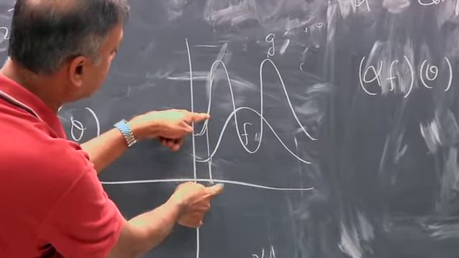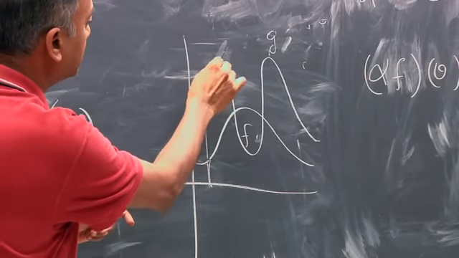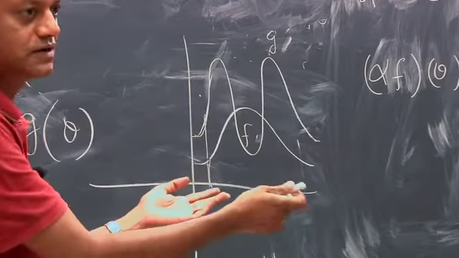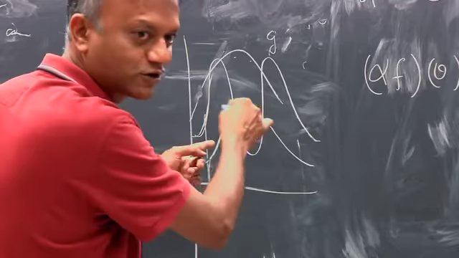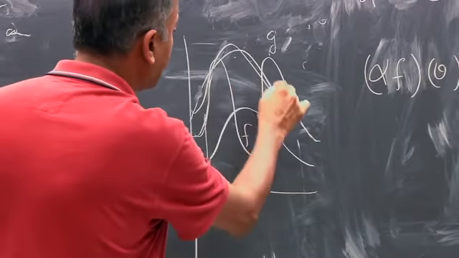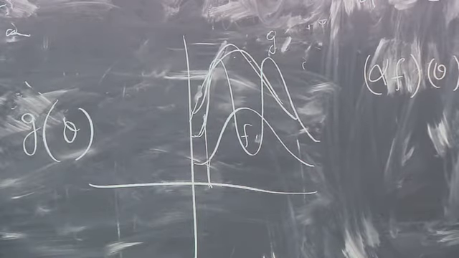This plus that will be something here, and you do that at each point. Whatever result you get, you join them all. It must be some complicated curve, I'm not going to draw that, but whatever you get will be f plus g. This way I have defined what I mean by addition.